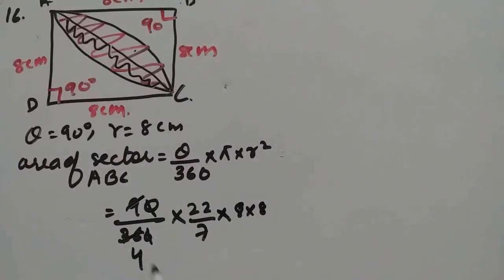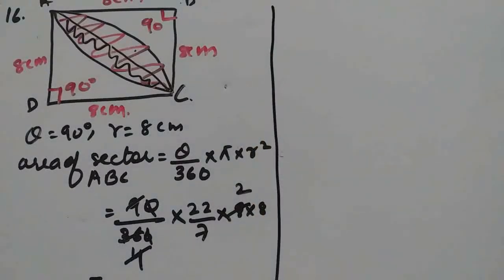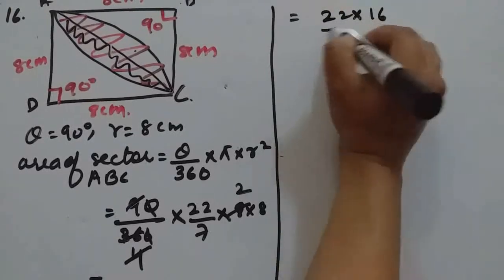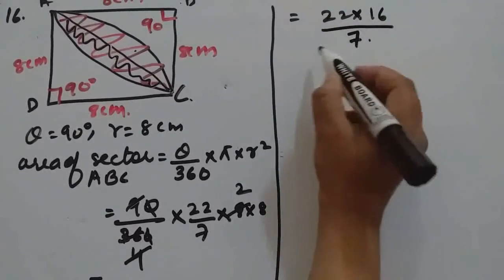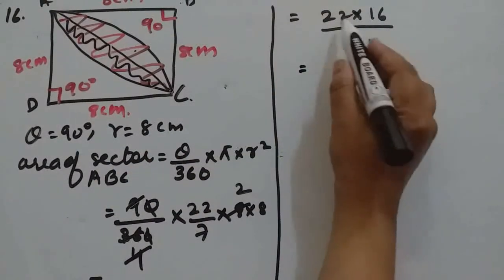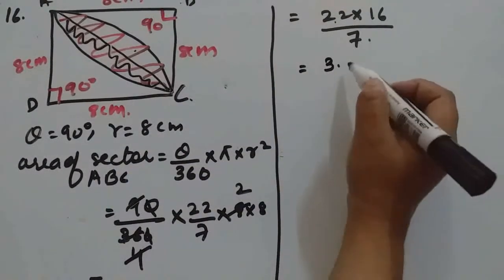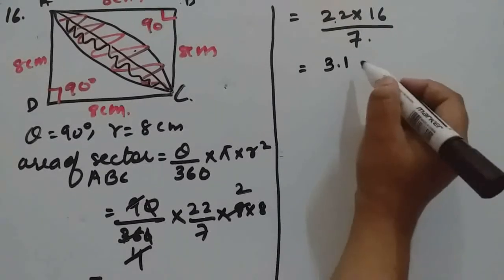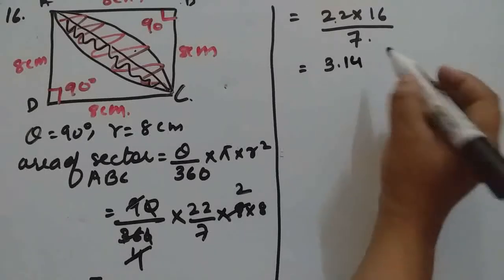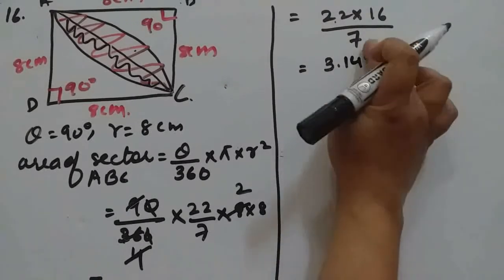So 4 2s are 8. So finally we can write this as 22 into 16 by 7. So from 7 we can multiply. 7 3s are 21, 1 will remain, 7 1s are 7, 3 will remain, 7 4s are 28, 2 will remain, so 7 2 will come.